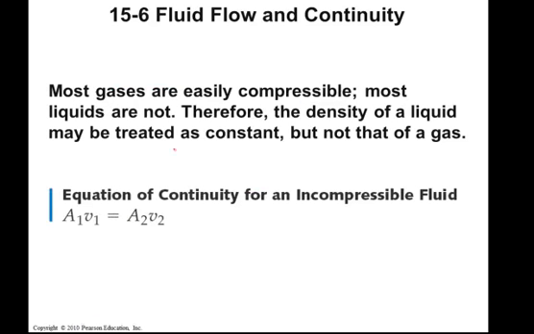And most of the time that's going to be the same density, because although gases can be compressed, most liquids are not. So that means we could cross out those densities and we are just left with A1 V1 equals A2 V2, where this is area, this is velocity, this is the area and the velocity for the second one.